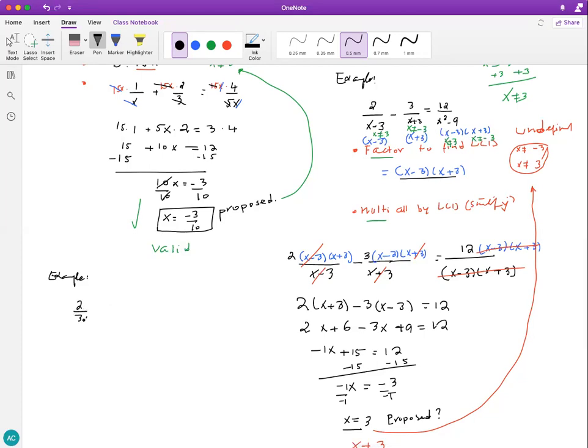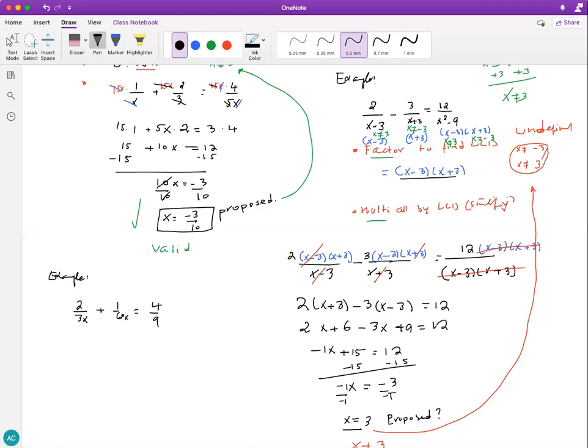So 3x, for example, and maybe 4/9. Okay, so we have a rational equation here. We want to solve it. What do you do first? How do you solve, or what is the first thing you do to solve this equation?